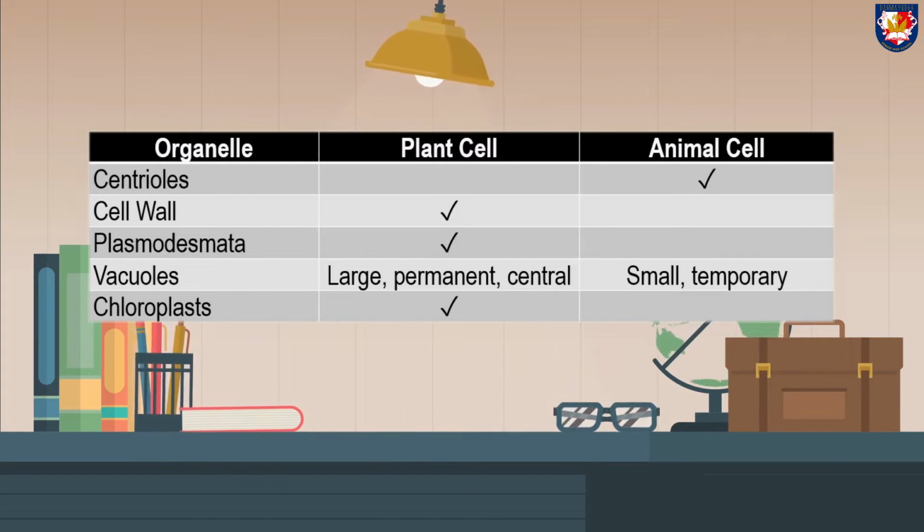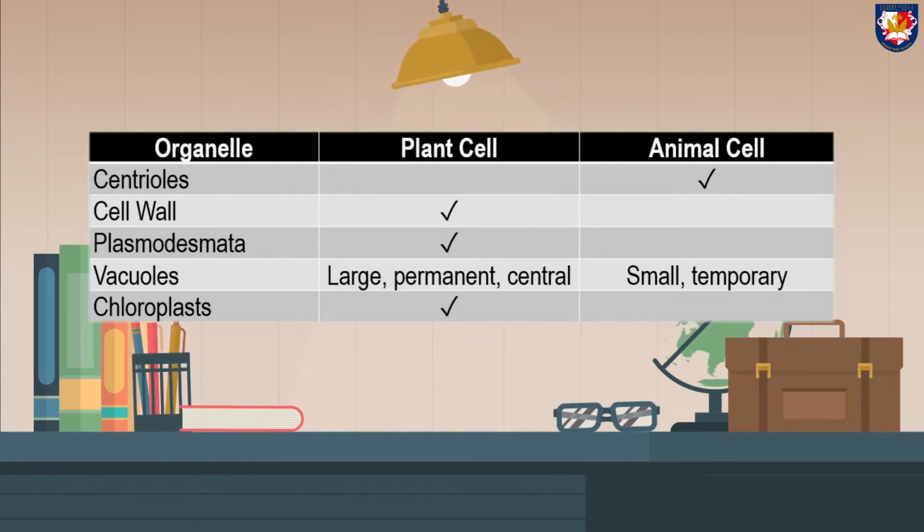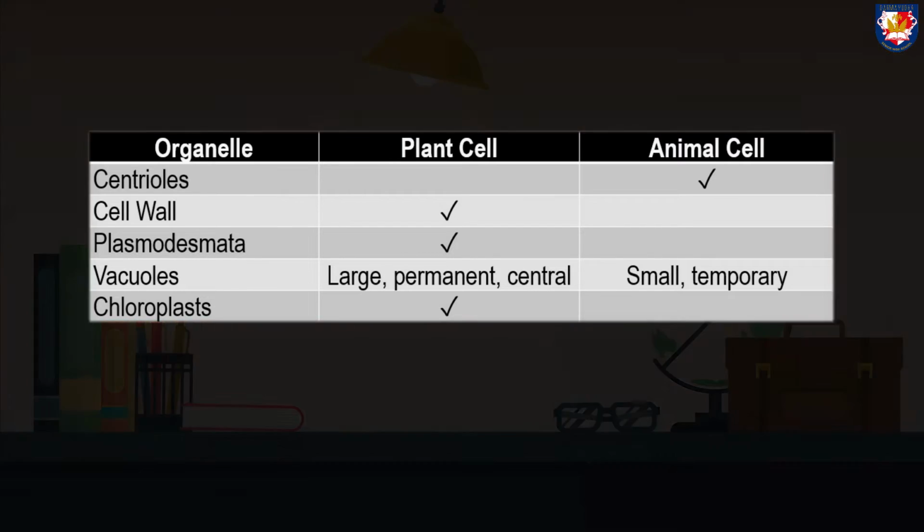Fourth, plant cells have large, permanent, central vacuoles, while animal cells have small and temporary vacuoles. The last one, plant cells have chloroplasts, while animal cells do not have chloroplasts.